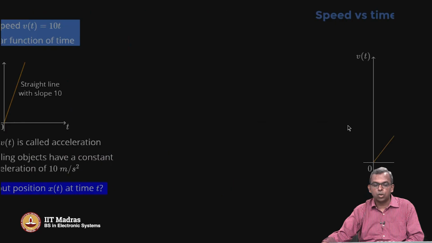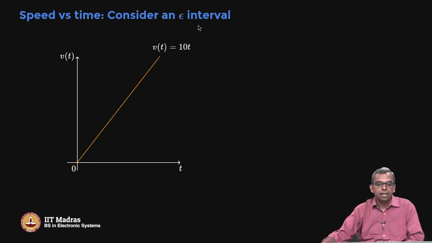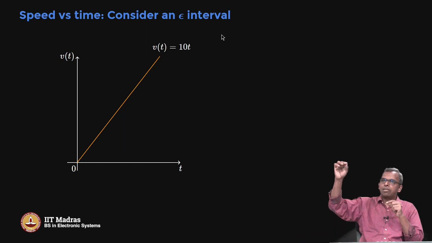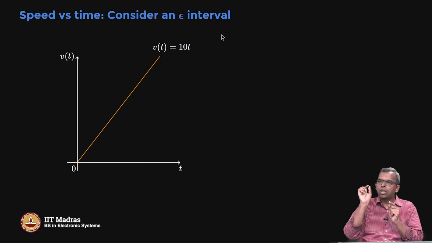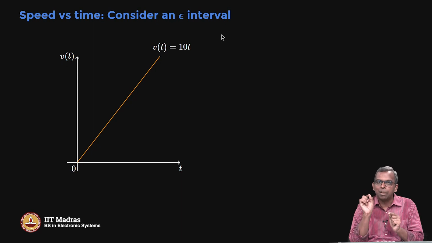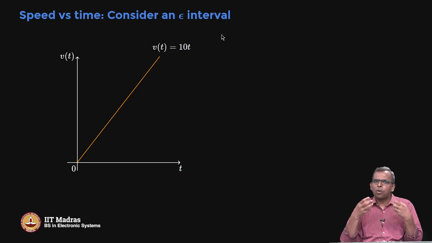The crucial idea is to consider a small interval. I need to find the distance that it travels over a large time t, like 1 second or something. What I'm going to try to do is focus on a small time interval, an epsilon interval, a very small time interval, and see if I can find the distance for that small time interval. Again, like I said, all of math works like this, right?